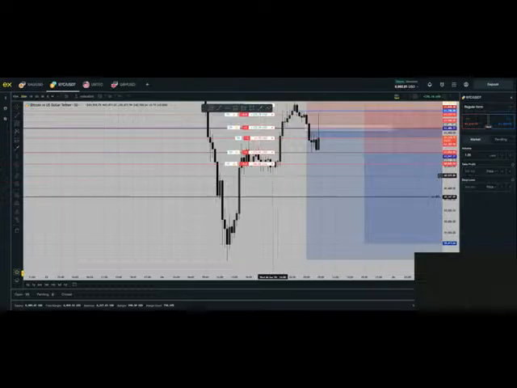But I've definitely over leveraged this position, because all my stop losses are above the 100 high. If price tends to go back up there, then I'm going to be out of this position.